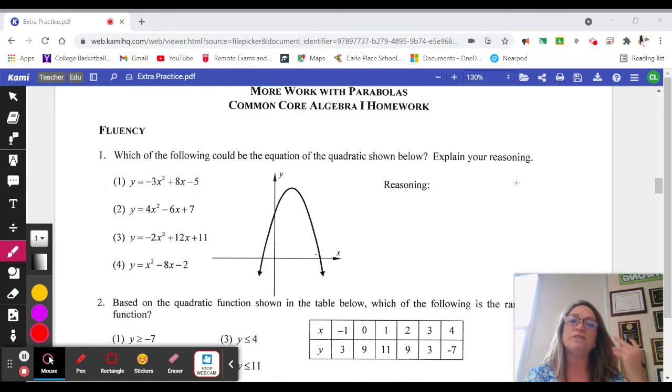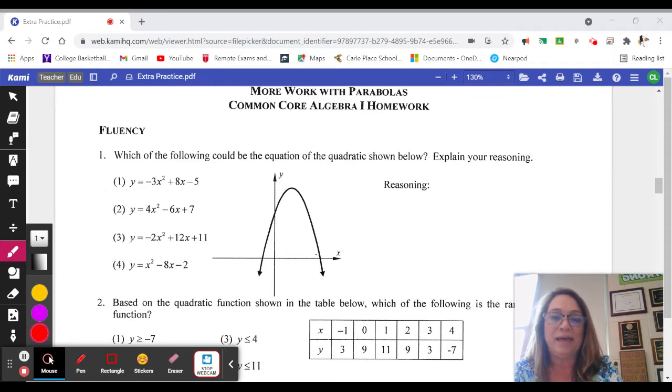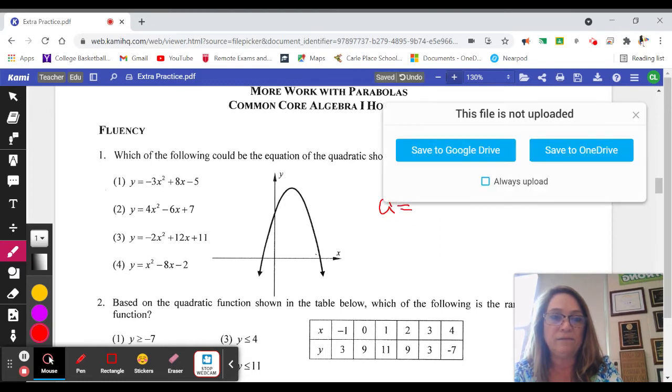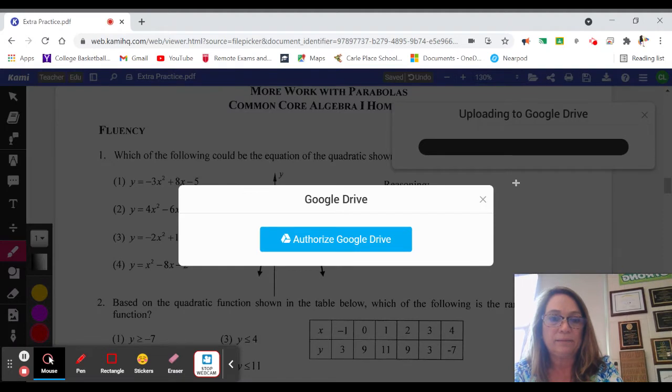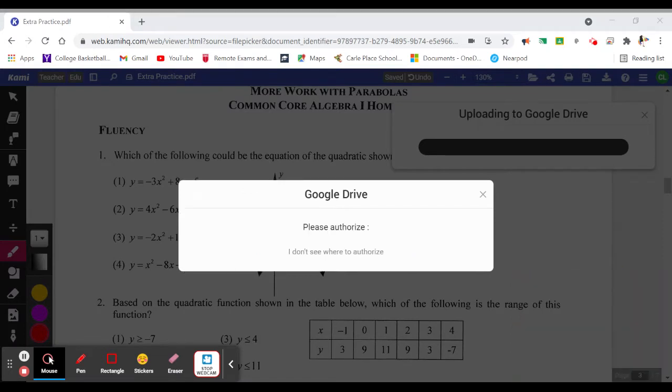Okay, which of the following could be the equation of the quadratic shown below? So what you want to keep in mind is that when a is negative, it's going to be upside down.